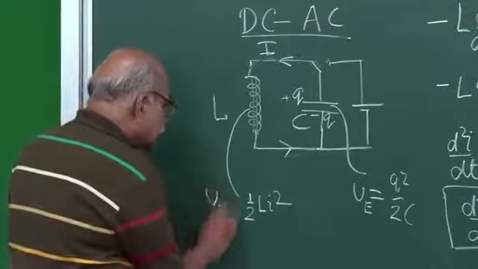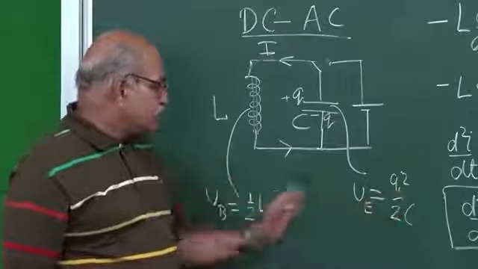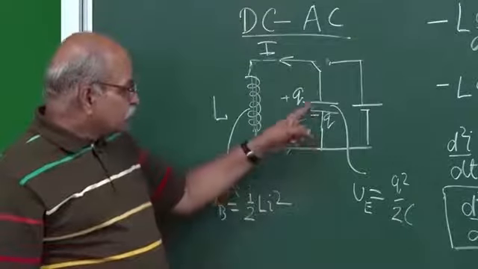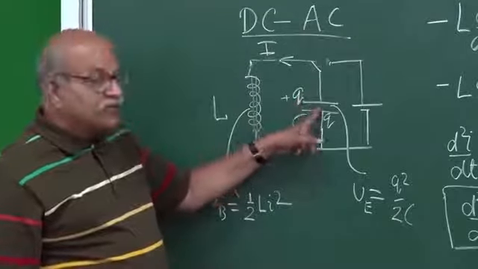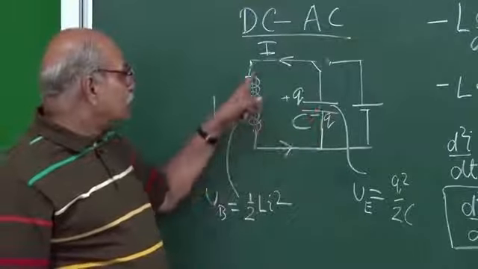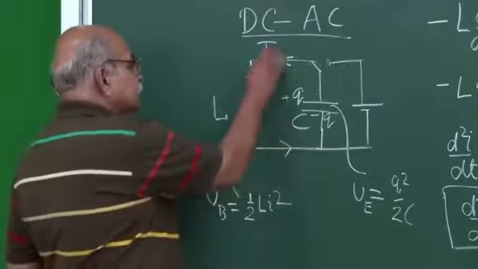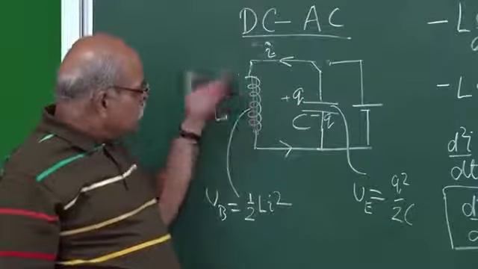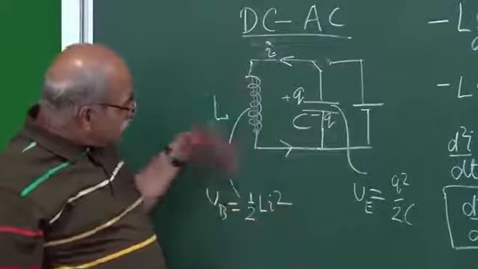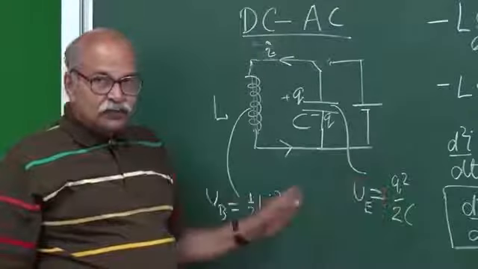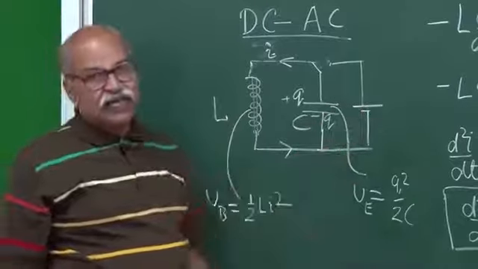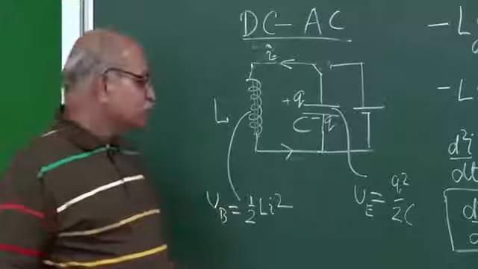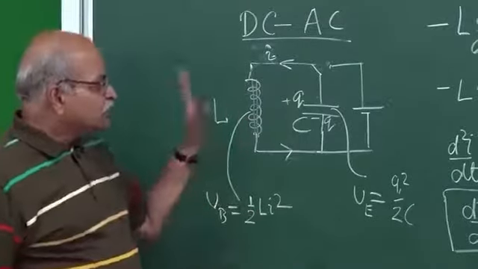This magnetic energy plus electrical energy will remain the same, but it will oscillate between the two. This Q will decrease, so the electric field energy will decrease. I will increase, okay, let me write small i. So this magnetic field energy increases, then later in the cycle this will decrease and this will increase. The total remains constant. As in SHM, kinetic energy and potential energy are exchanged between themselves, and total energy remains constant. So that's the kind of oscillation.